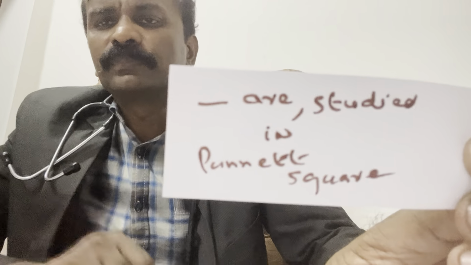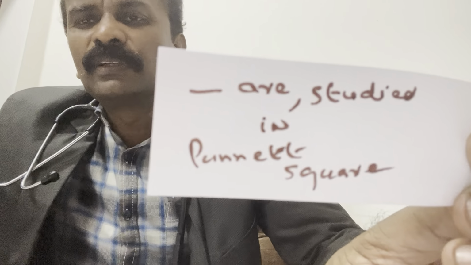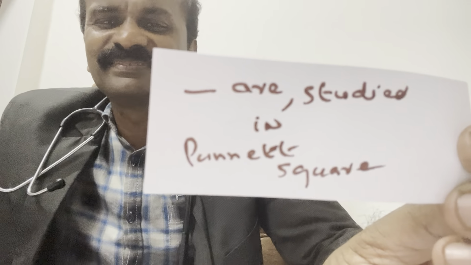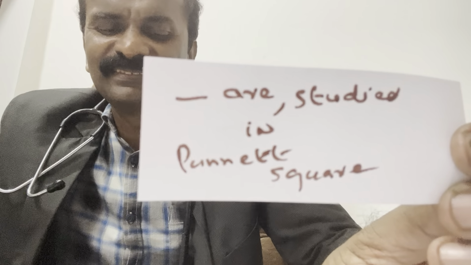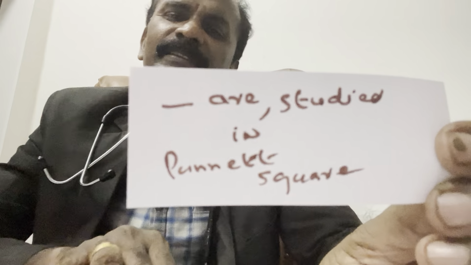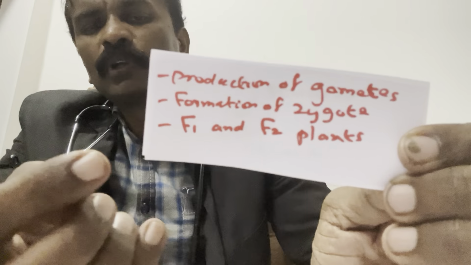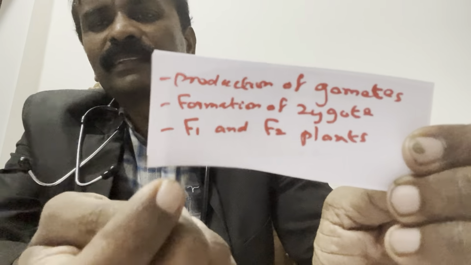Dasher studied in Punnett's square. This was also an MCQ. What are all the things studied in Punnett's square? Any idea? This was an MCQ once. They'll give one more thing and ask which is the wrong statement.